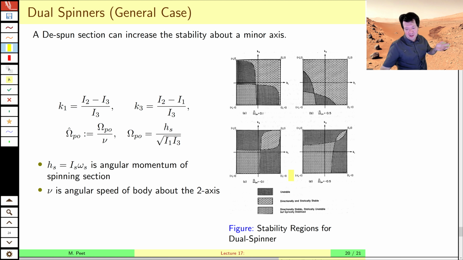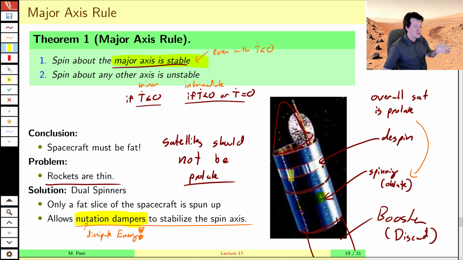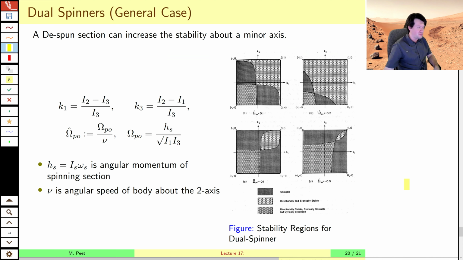because of course it's not quite that simple, right? It's not that just the spinning part has to be oblate. So if your overall satellite is really prolate and your spinning part is oblate, it can still destabilize. So there are some equations for that, basically.